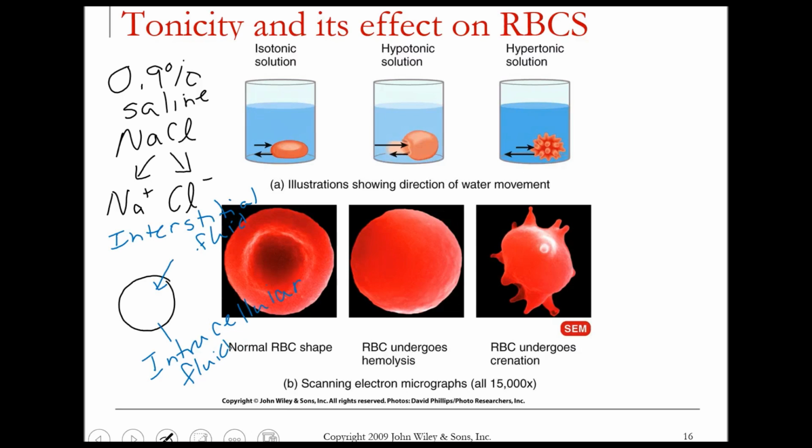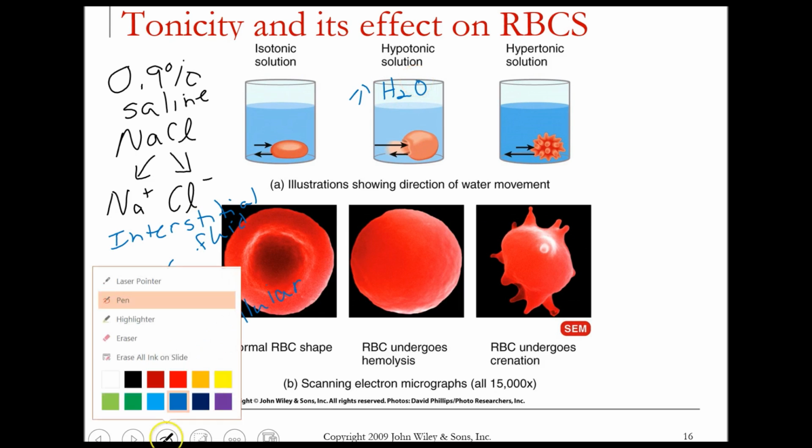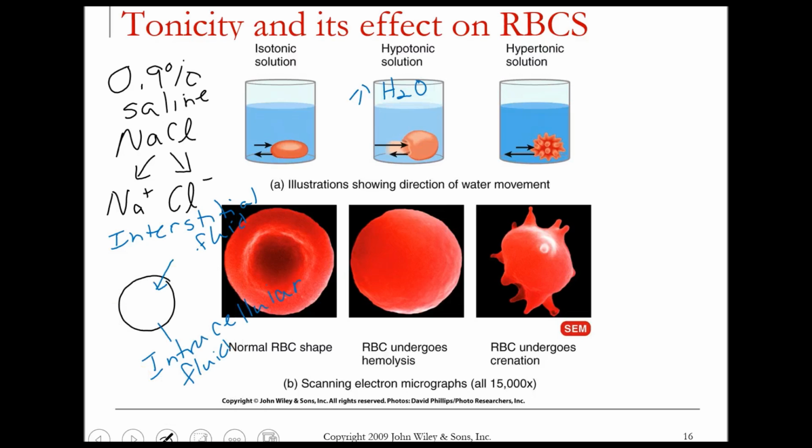So that means that water will enter the cell. If it has a higher concentration of water, if you have a high water concentration, what does that mean in terms of the solutes? Yes, that means it has a lower concentration of the solutes.